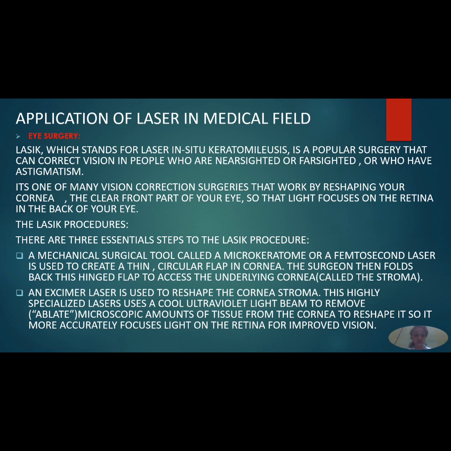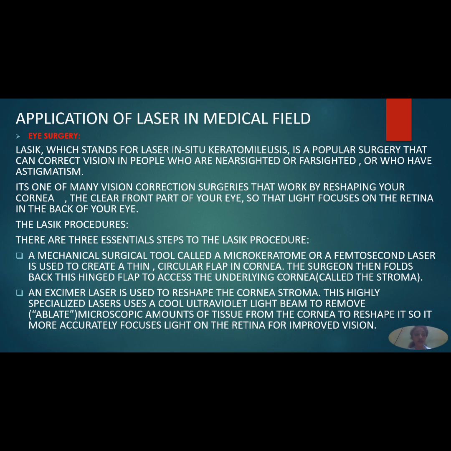The LASIK procedure has three essential steps. First, a mechanical surgical tool called a microkeratome, or a femtosecond laser, is used to create a thin circular flap in the cornea. The surgeon then folds back the hinged flap to access the underlying cornea called the stroma. Second, an excimer laser is used to reshape the corneal stroma.